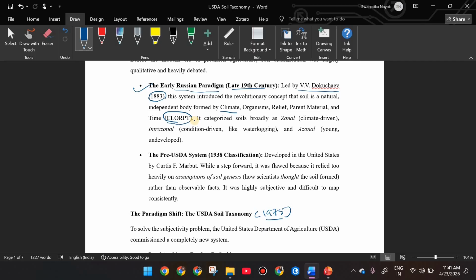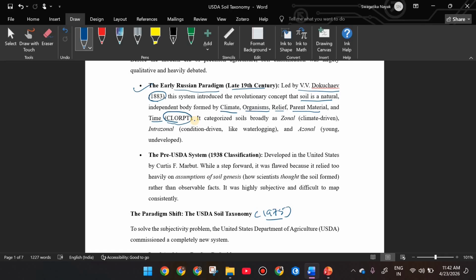CL for climate, O for organisms, R for relief, P for parent material, and T for time. This system introduced a revolutionary concept that soil is a natural interdependent body formed by these factors.